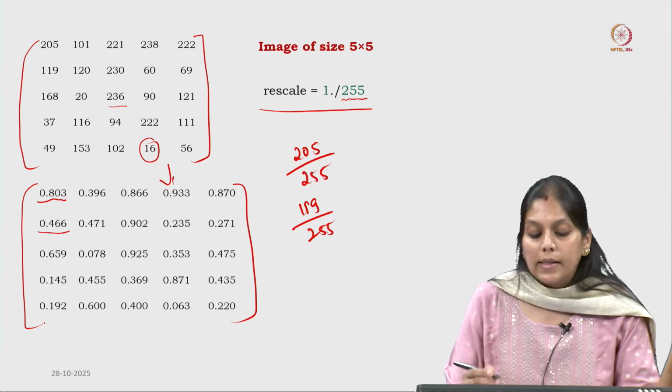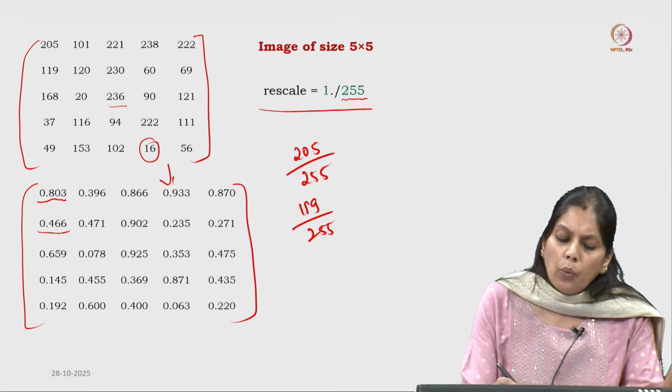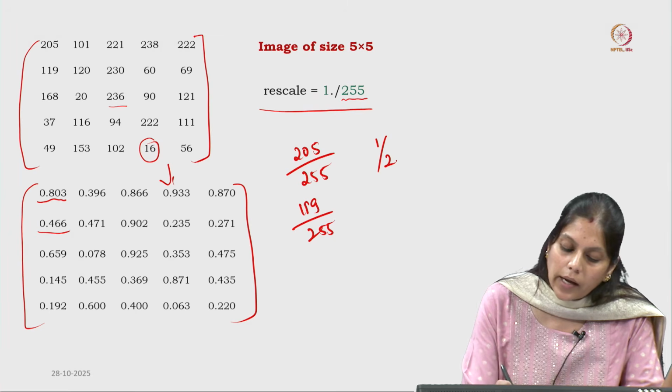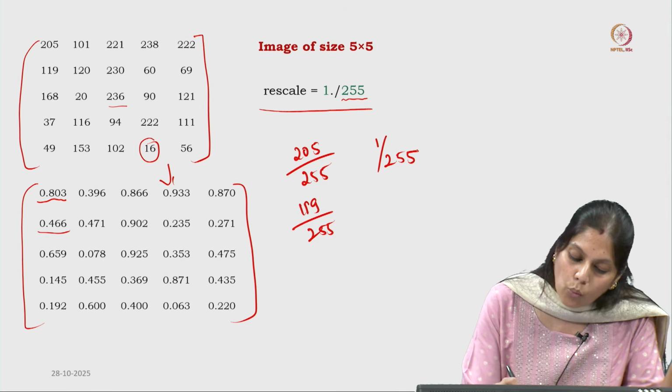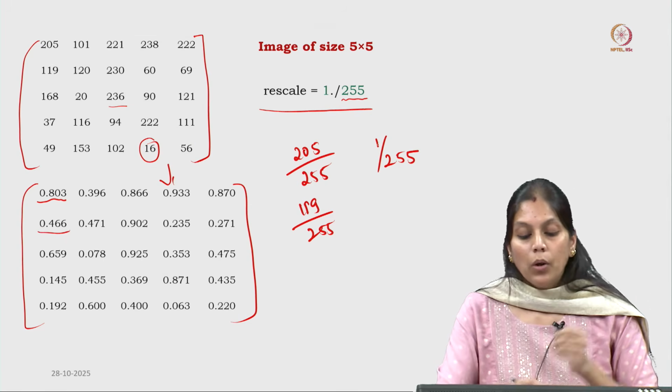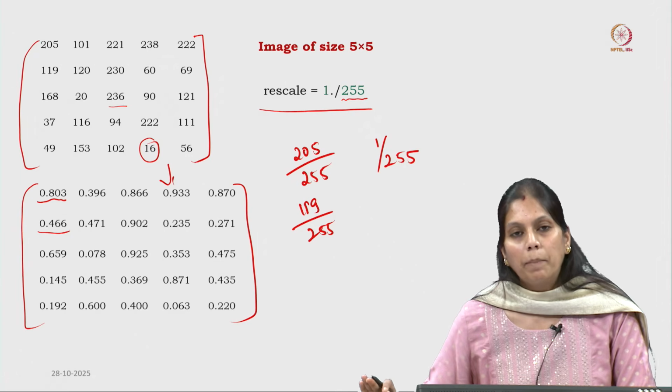Just for better understanding, why have we not written it as 1 divided by 255, and why have we written it as 1 dot divided by 255? Why is this dot here? This is just for Python.